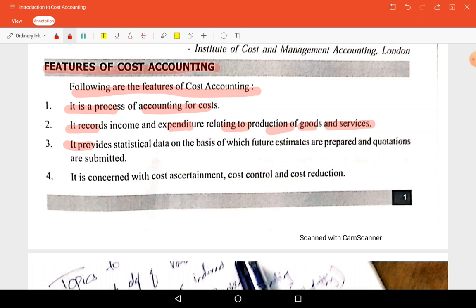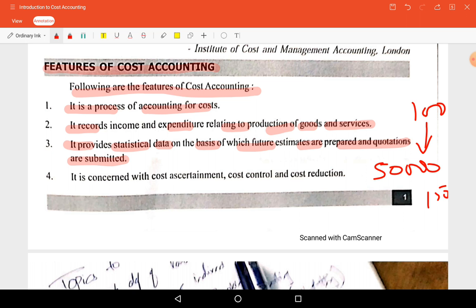It provides statistical data on the basis of which future estimations are prepared and quotations are submitted. Suppose you have information relating to the previous year, okay, to produce 100 units you incurred say 50,000 rupees. In future you get one more project, say of 150 units.